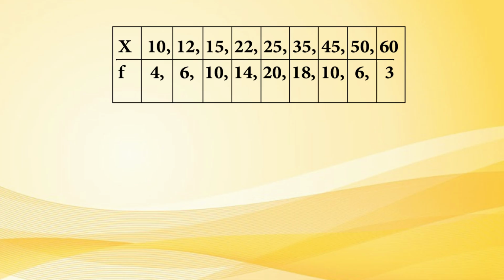Let us look into another example of computing mode. Compute the mode for the following data. The x values in the given data are 10, 12, 15, 22, 25, 35, 45, 50 and 60, and its corresponding frequencies are 4, 6, 10, 14, 20, 18, 10, 6 and 3.